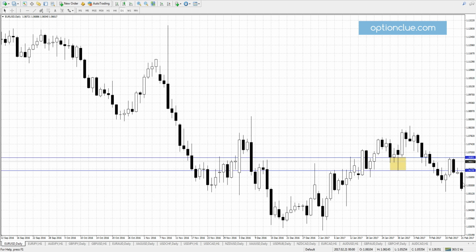The upper border of this level practically coincides with the border of the support level, that is 1.0680, and the lower border is 1.0671. The support turned into the resistance. Since the breakout to the implementation of the reflecting property of the levels, only 6 trading days passed. The resistance level was formed and the support level was no longer relevant.